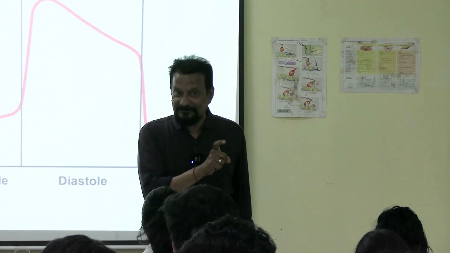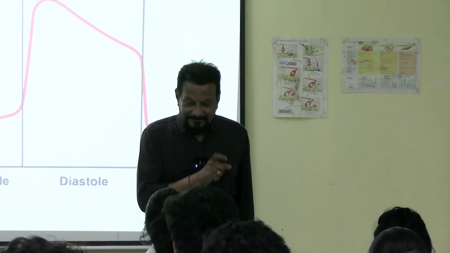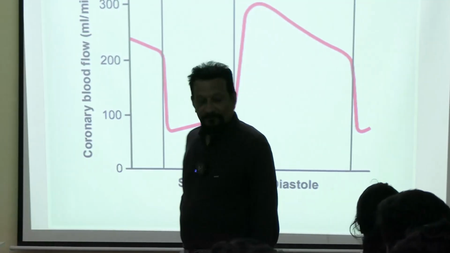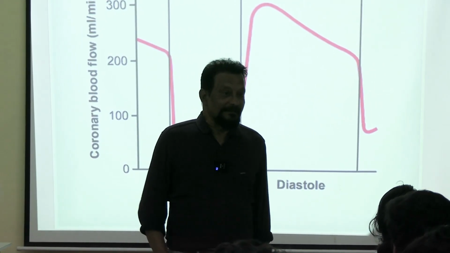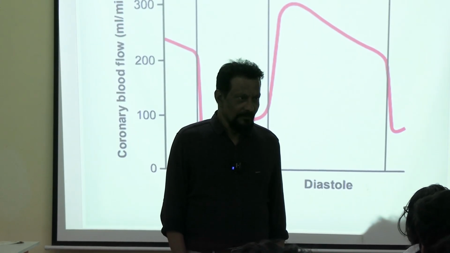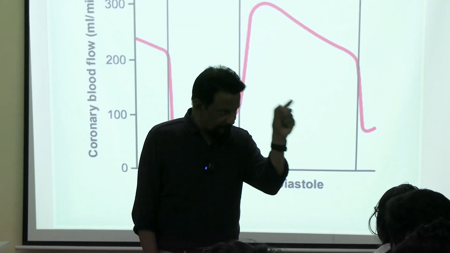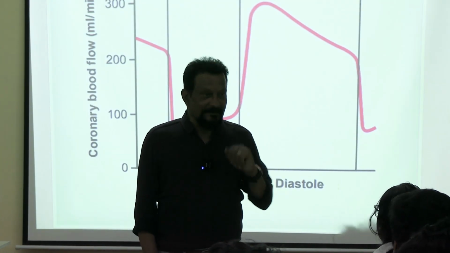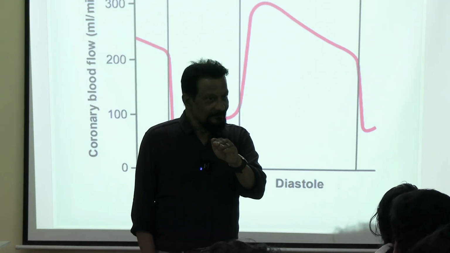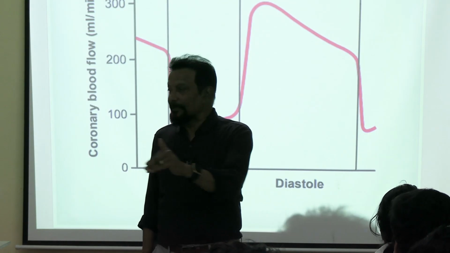Then per gram how much blood is it getting? The result is nearly 70 to 80 ml.